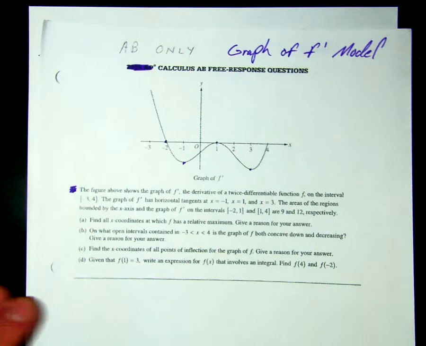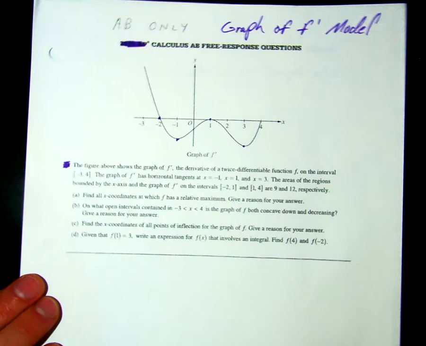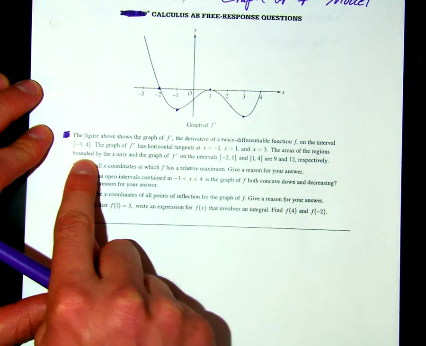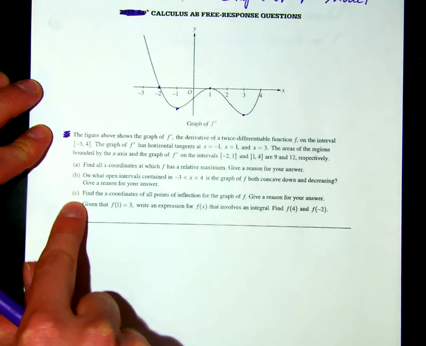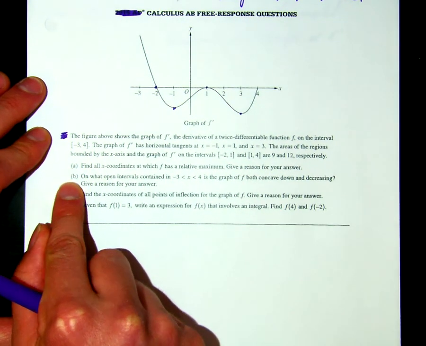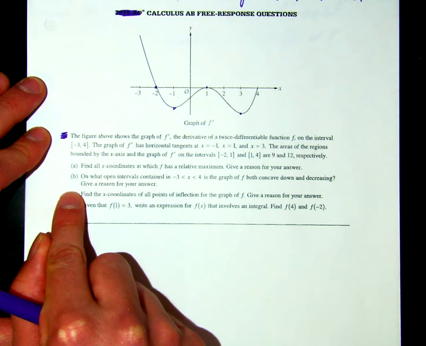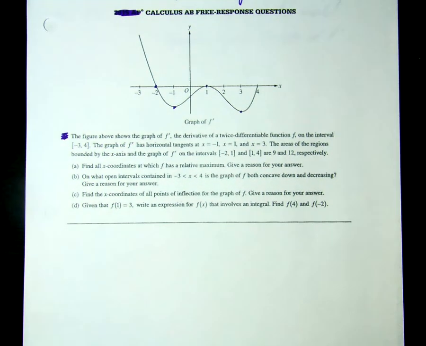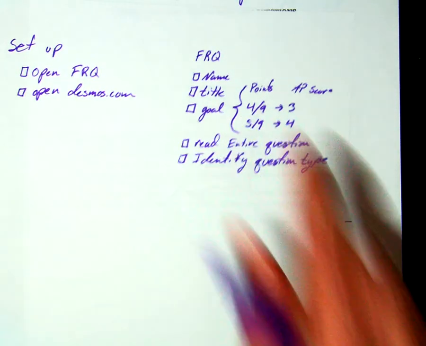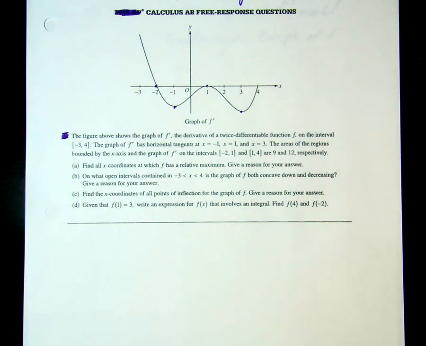At this point, now I'm going to look at our question and read it in its entirety. I'm going to read the prompt, and I'm going to read all these parts, because I might not know how to do part A. I might be better off starting with part B or even part C, because again, I only need to get 4 or 5 points on this.